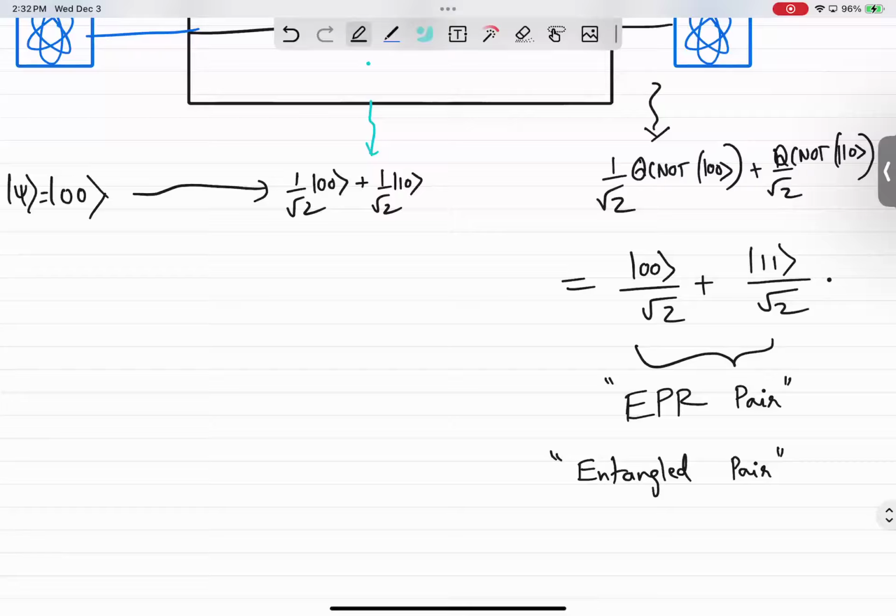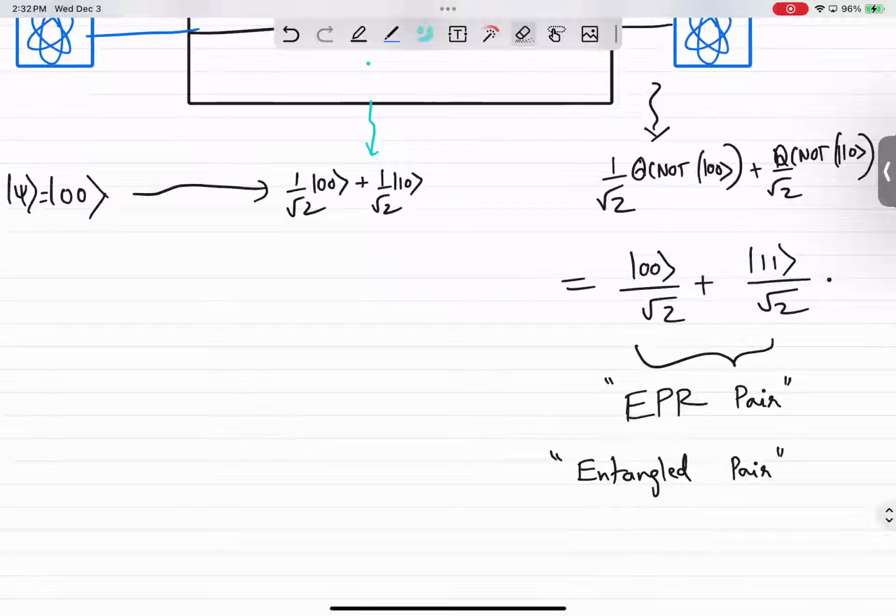And this led to some seeming contradictions, which even to this day some physicists debate over. For example, Einstein, Podolsky, and Rosen, they said, okay, I take my 2 qubits, run it through this circuit. Now I get 2 qubits again. I put one on Earth, one on the moon. Okay? And somehow if I measure the first qubit, something happens to the second qubit as well because of the collapse.